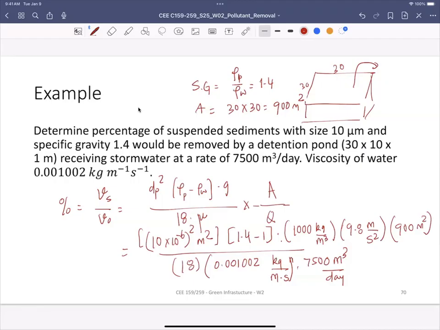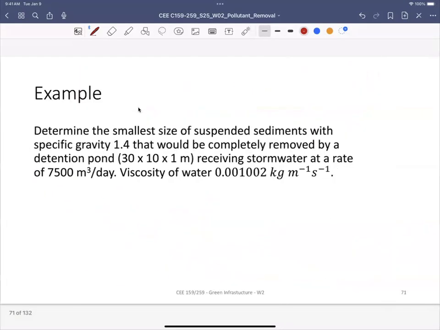The only difference is that there is a day here, so you have to change the day to seconds. One day is 24 hours, each hour is 60 minutes, and each minute is 60 seconds. Now this whole term will give you the percentage of particles removed. If you know all these numbers, you will be able to calculate the percentage of particles removed.